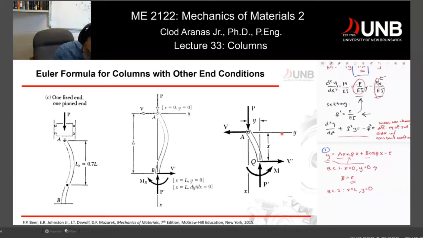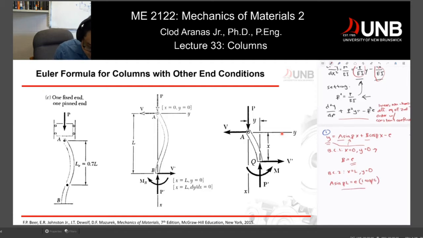So once you do that, you will get this, which is not super simplified. You have a sine pL is equal to e times 1 minus cosine pL, and this one. So you will get something like this, which is not simplified.